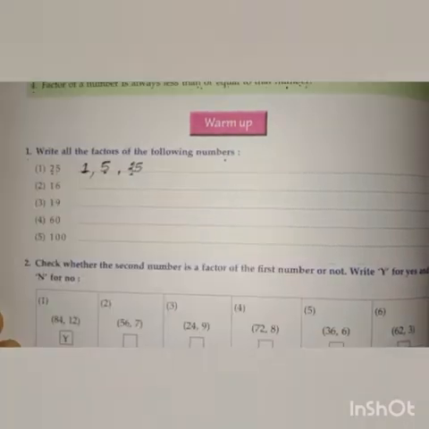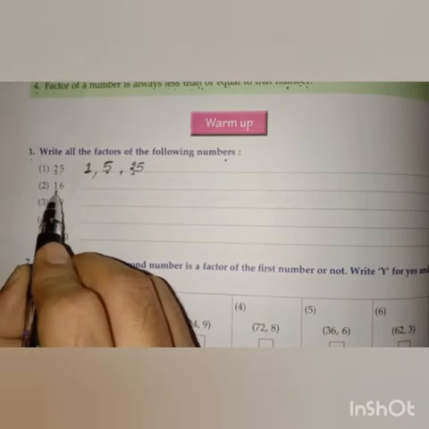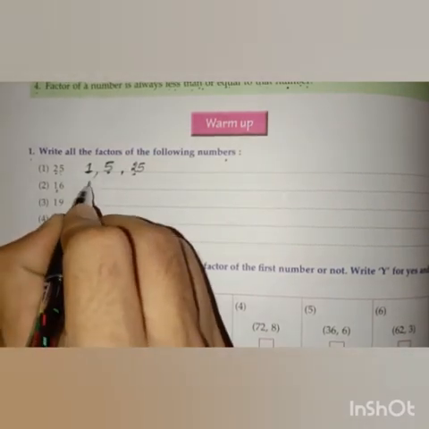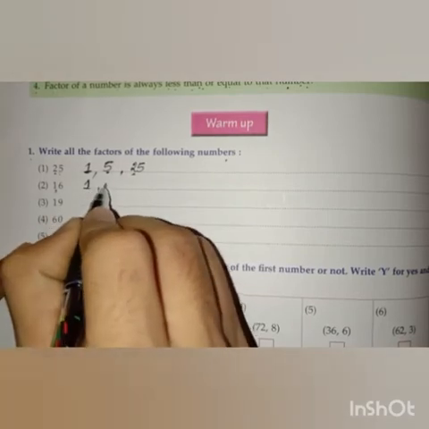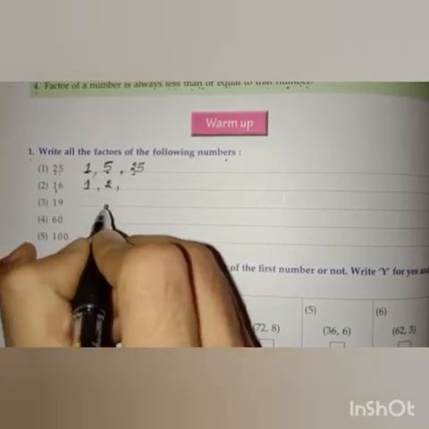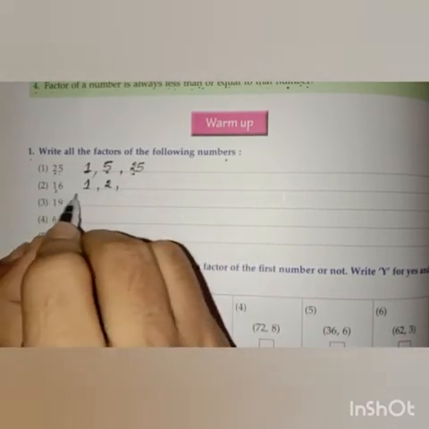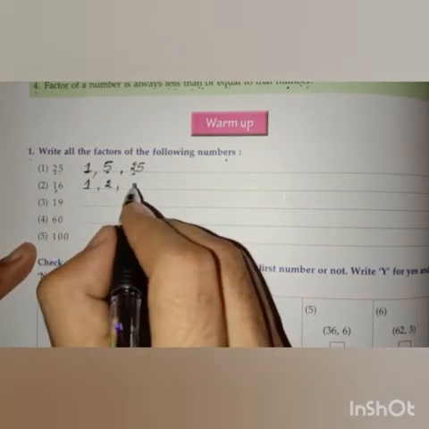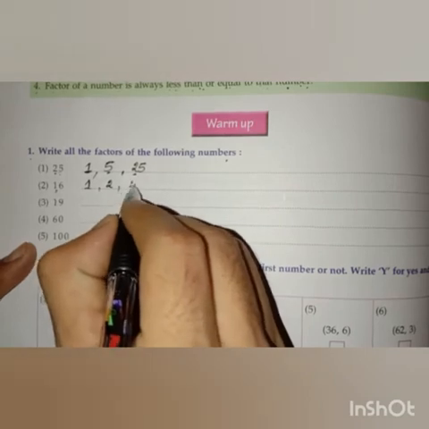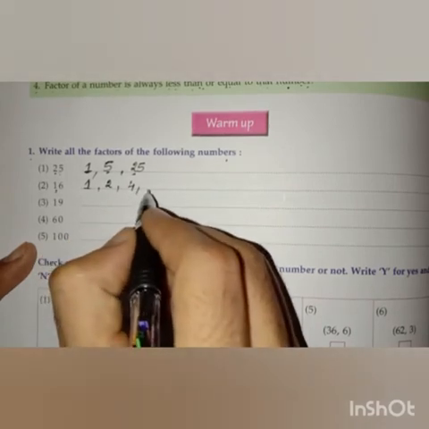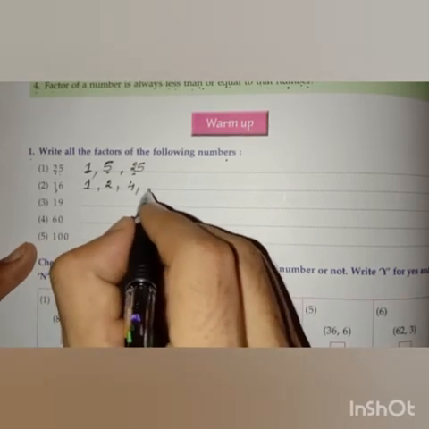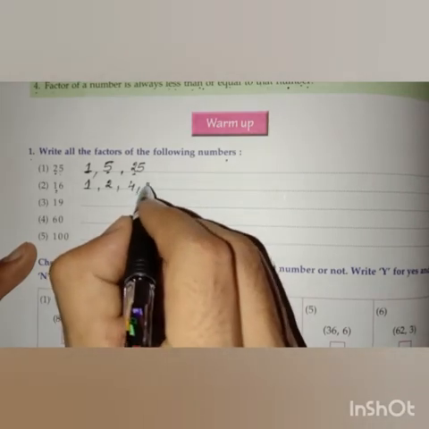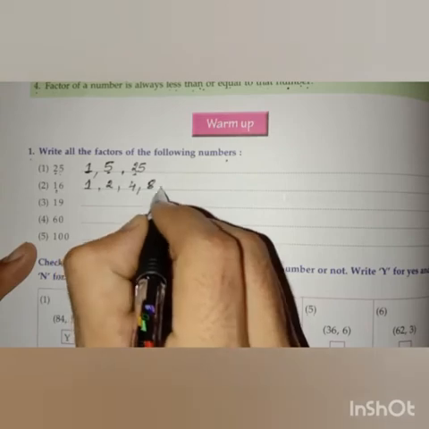Got it? Next, question number 2 is 16. 16 is divisible by 1. From 2 it is divisible, 2 eights are 16. From 3 it is not divisible. From 4, yes, 4 fours are 16. From 5 it is not divisible, from 6 it is not divisible. 8 twos are 16, yes.